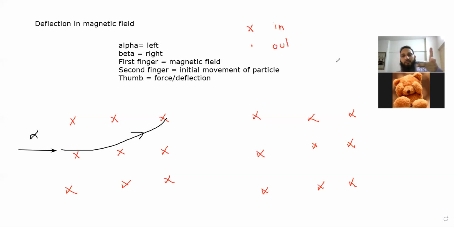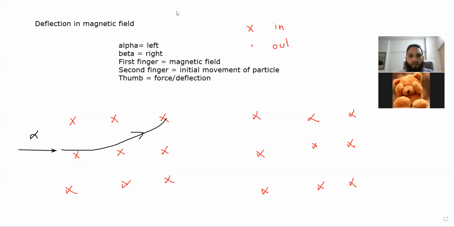So your first finger points towards the direction of the magnetic field. If it is cross, your first finger should point into. If it is dot, your first finger should point out of the paper or towards you. Like if it is cross, my first finger should point into the paper or the screen. And if it is dot, my first finger should point out of the paper or out of the screen, towards myself.